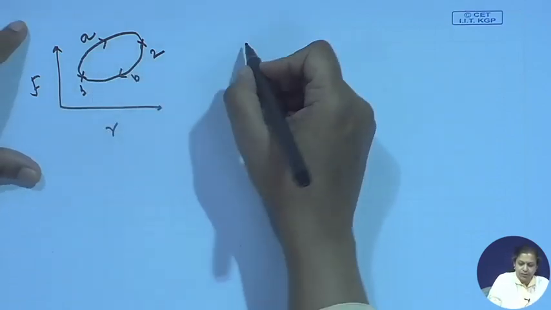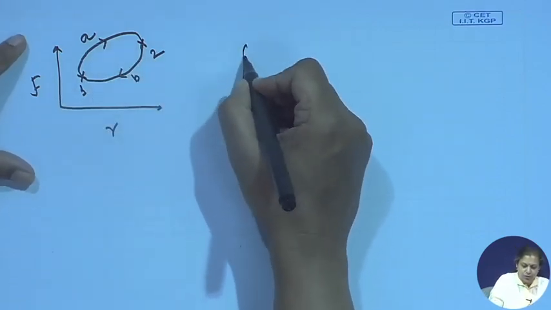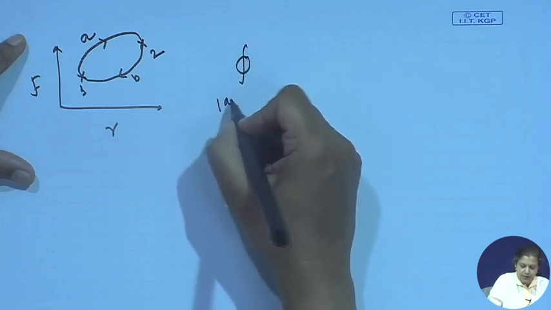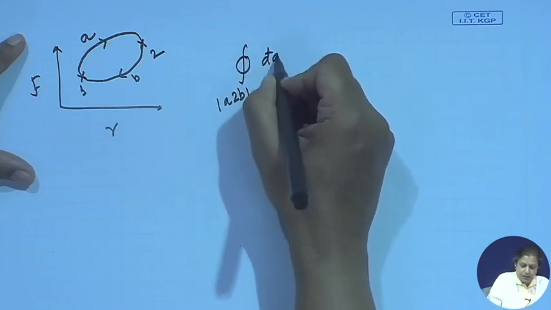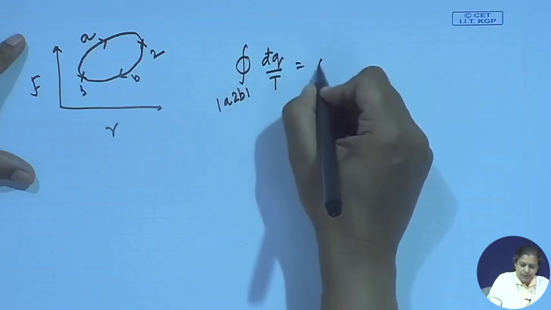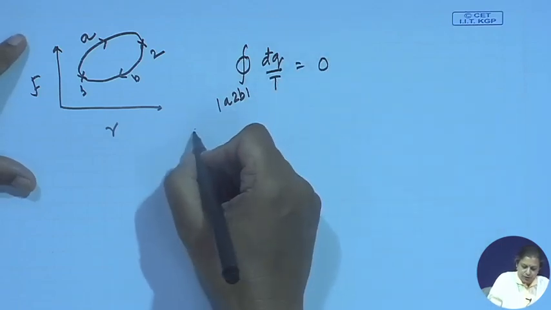Now, for this reversible cycle, from Clausius inequality, what can we write? We can write the cyclic integral over 1A2B1 of dq by T equal to 0. What does it imply?